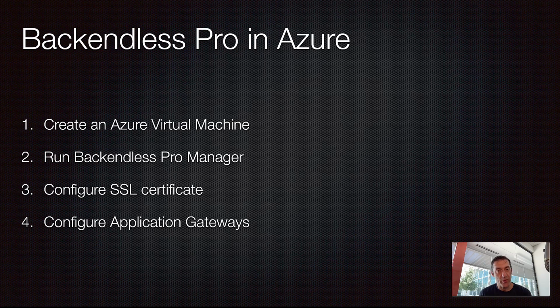Then we will switch to Backendless Pro Manager running on that Azure virtual machine, and it will guide you through the process of installing Backendless Pro. Once Backendless Pro Manager is done, Backendless will be running on your machine, and you will be able to access it through the IP address associated with that machine and use Backendless console and all of the APIs.